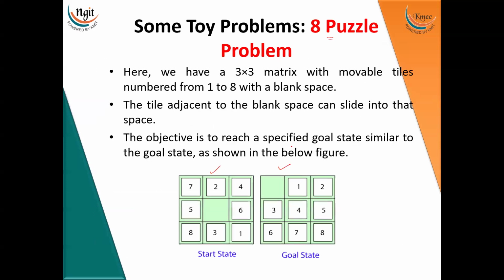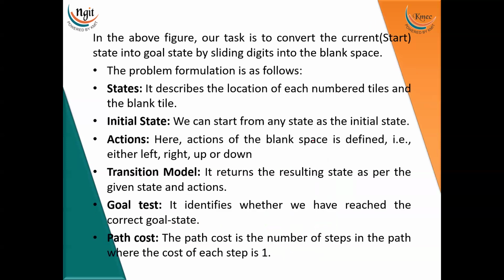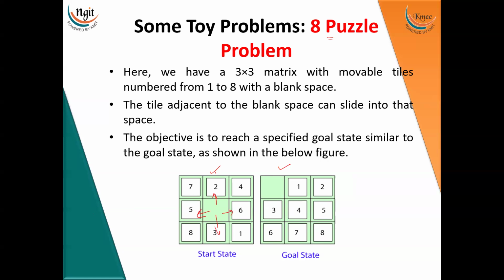And actions. What actions can you perform on this 8 puzzle? Yes, we can move up, down, right, and left. So these are the actions. See here, the actions of the blank space are defined by either left, right, up or down. The transition model. If I make an action up, what is the resultant of this particular 8 puzzle problem?